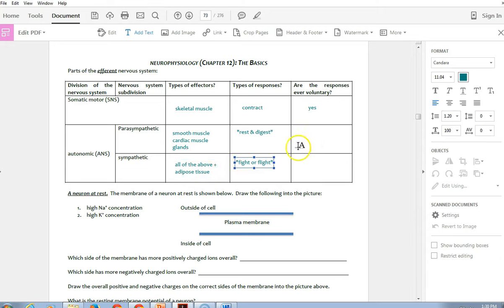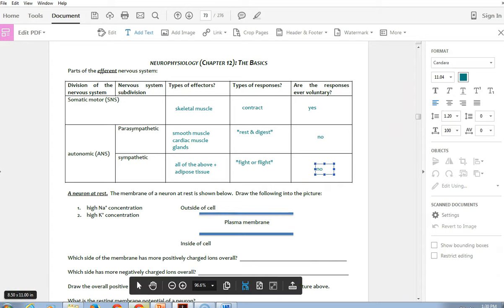Now, can I, with the power of my mind, just through thinking about it, cause my heart muscle to start beating faster like I would the muscles in my arm, my skeletal muscles? Answer is no, I cannot. So these responses are not voluntary. They're not ones that we control.